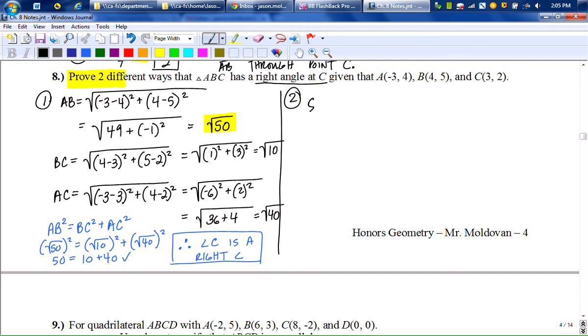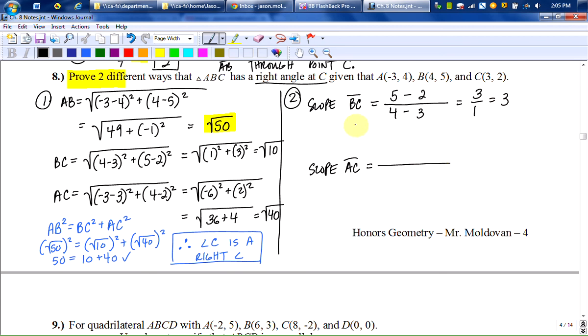The other way, and I think the preferred way if you have the choice, is just to find the slopes. It's way easier, and you only need to find two slopes. And what you want to see is that the slopes are negative reciprocals of one another. So the first slope I got was positive 3.